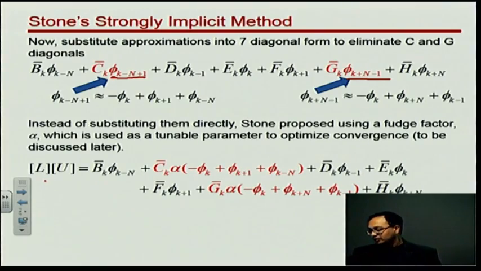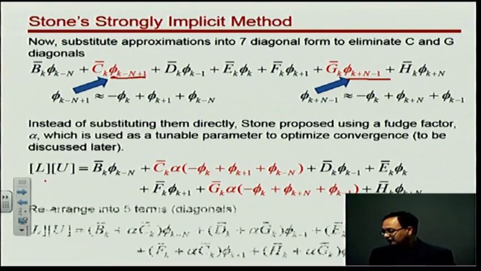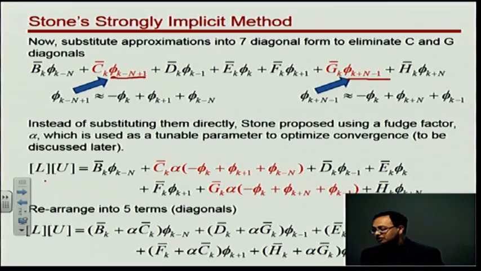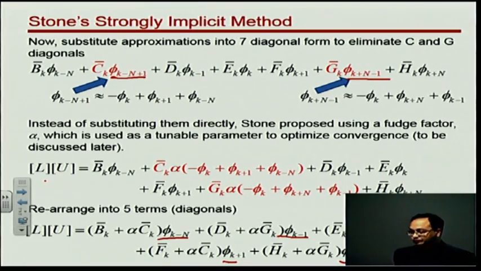I've plugged in those values. And if you rearrange, you end up with just 5 diagonals because we've gotten rid of those 2 extra terms. So we end up with just our old set of 5 terms, k plus n, k plus 1, k minus 1, k minus n. So this is the restructured LU.